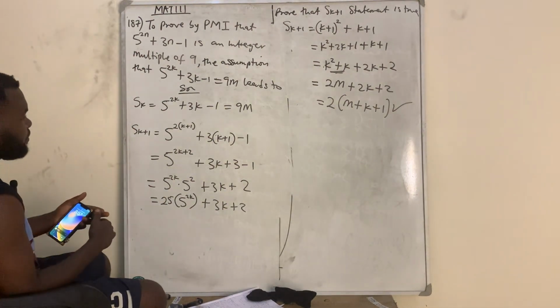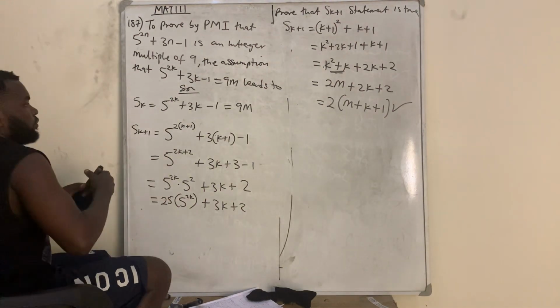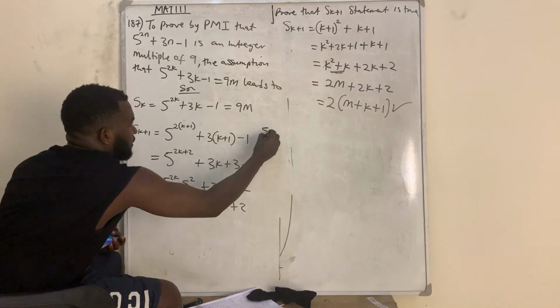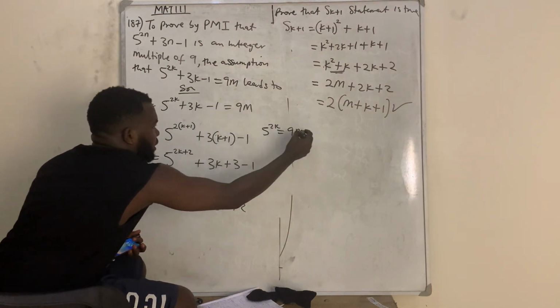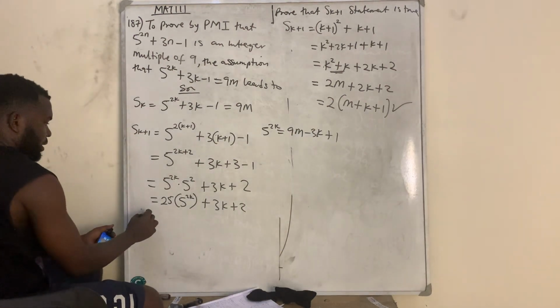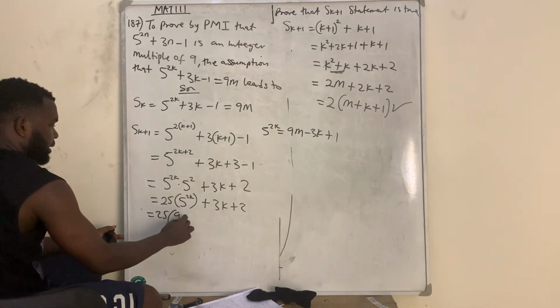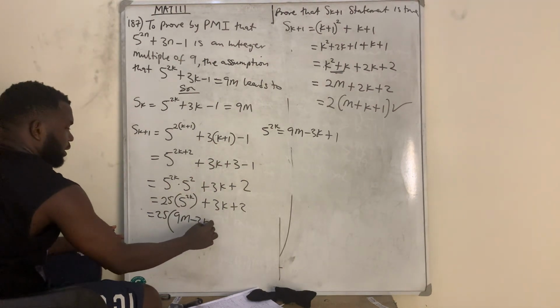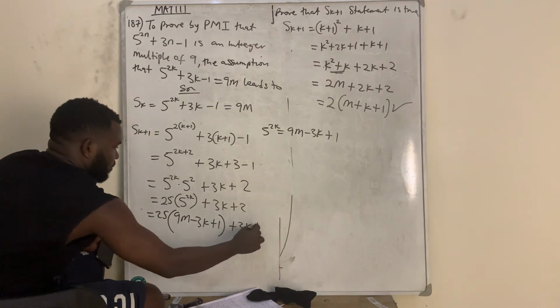Now, if you come to this place, make that 5 raised to power 2k subject. If you make it subject, you're going to have that 5 raised to power 2k is equal to 9m. This one moving here, you have minus 3k plus 1. So now put it inside here. I'm going to have 25 into, instead of writing this, I'll write 9m minus 3k plus 1, then plus 3k plus 2.